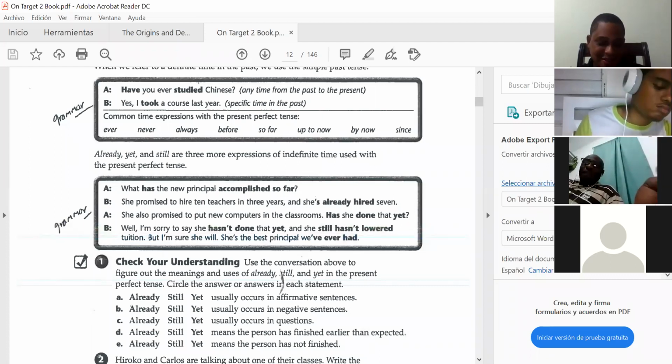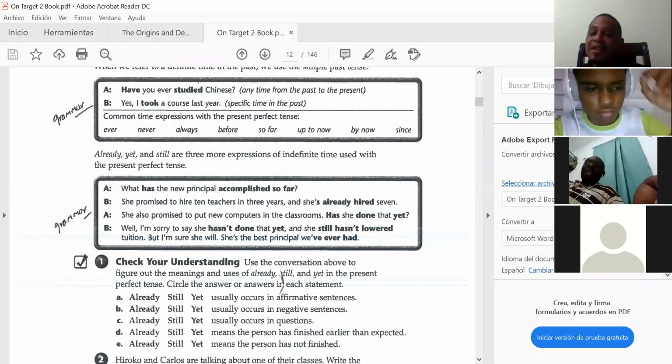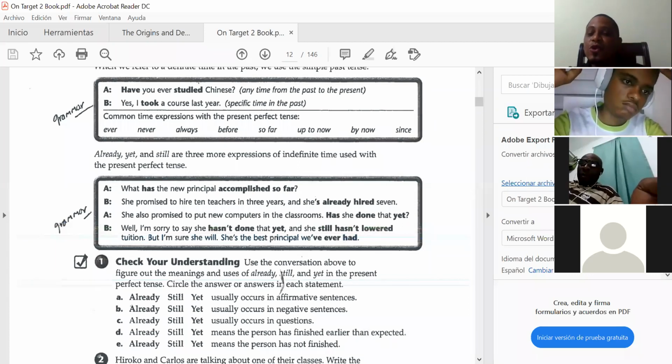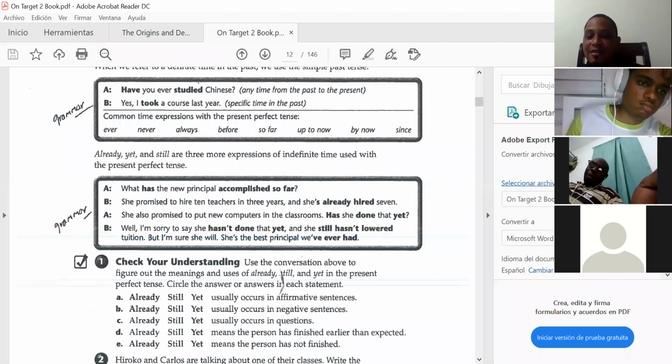So you don't say the time in present perfect, and in simple past you say the time.